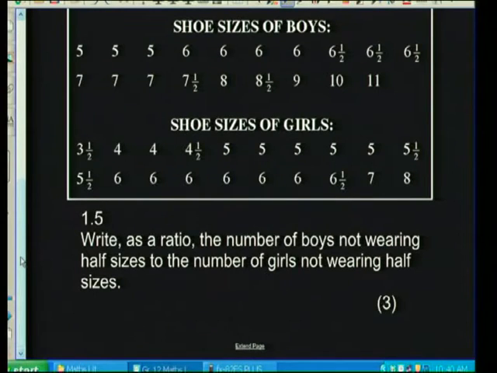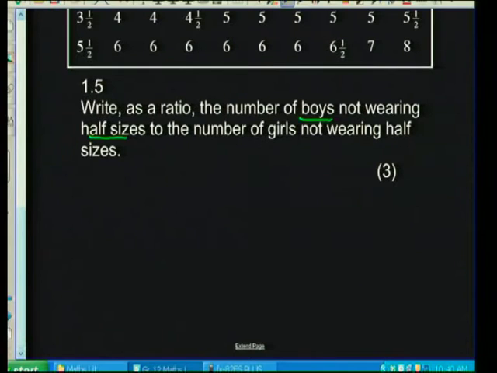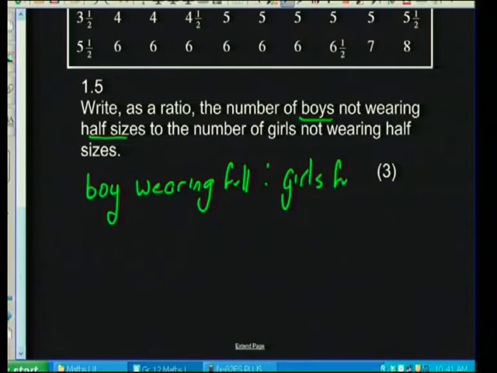Write as a ratio the number of boys not wearing half sizes to the number of girls not wearing half sizes. So what am I actually looking for? I'm looking for the number of boys who are not wearing half sizes, who are wearing full sizes, and to the number of girls doing the same thing.